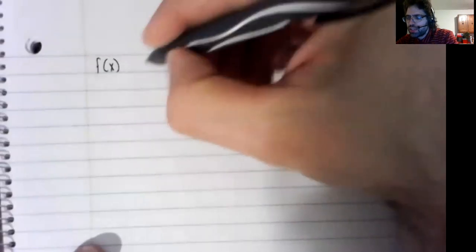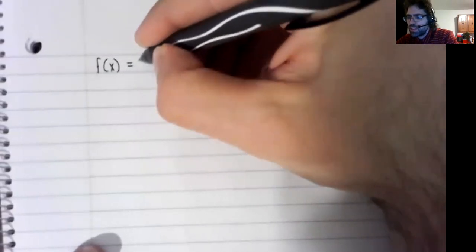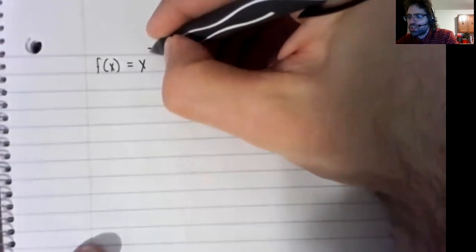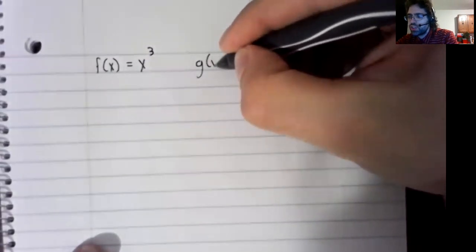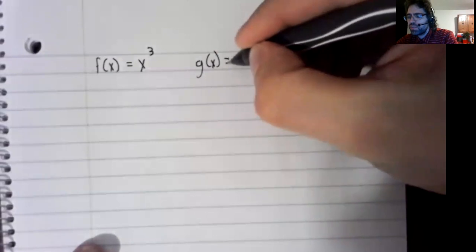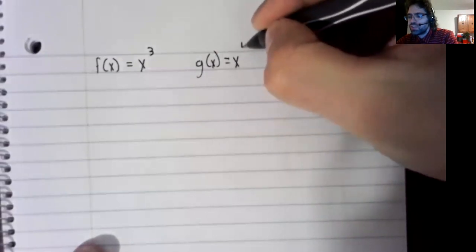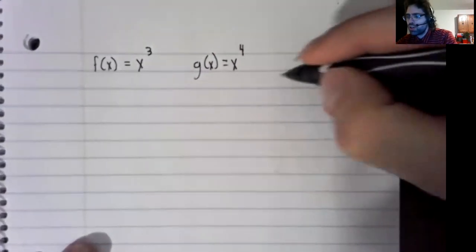Let me real quick do 3 examples at once. F of x equals x cubed. G of x equals x to the 4th.